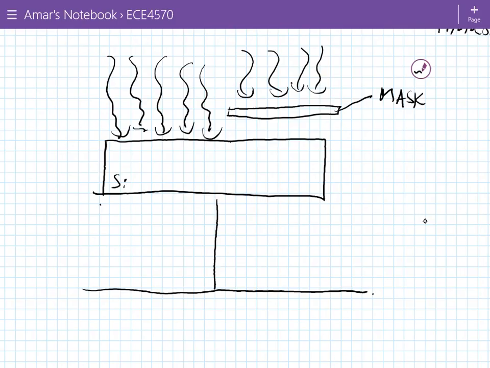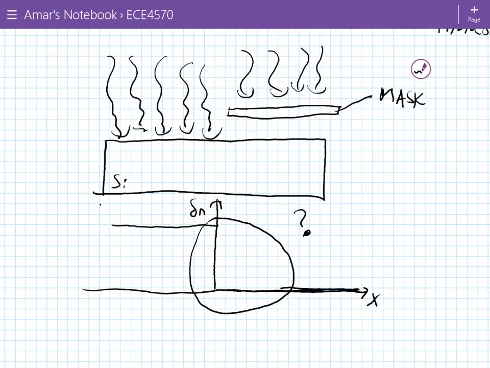This is x, the position. And on the y-axis we can draw n. Obviously we're going to have a high carrier concentration here, and a lower carrier concentration here. Now the question is what happens in the middle here.